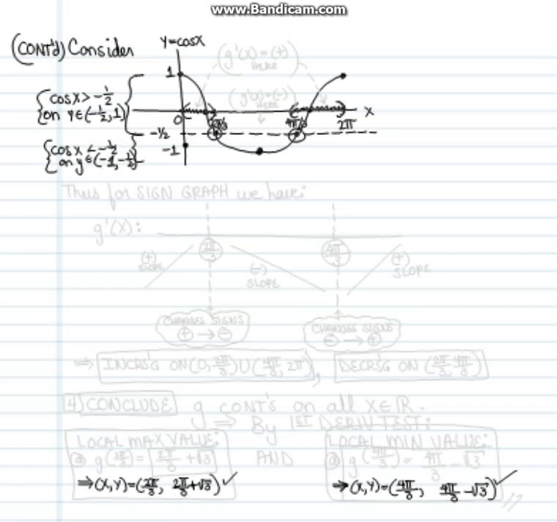Now down below you see the bracket. I have the cosine of x will be less than negative 1/2. In other words, it's going to be between negative 1 and negative 1/2. That happens when y is between negative 1 and negative 1/2.